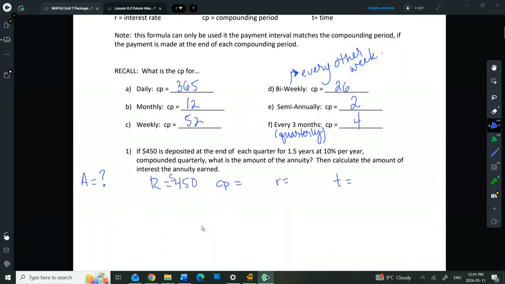Perfect. Do we know compounds per year? Yep, 4 compounds per year. R is interest rate as a decimal. Yep, or 0.1 is fine. And then T is time in years. Perfect. Okay, so we're going to enter that all into our annuity formula above.